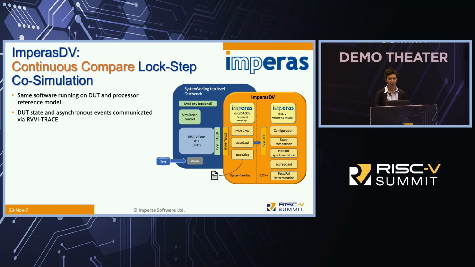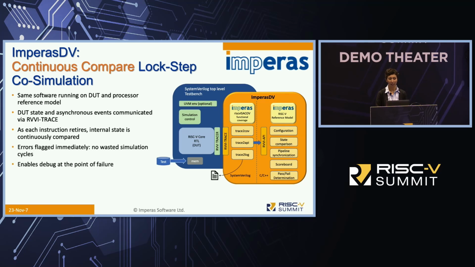As each instruction retires, the internal state of the two is continuously compared. Mismatches are reported immediately, meaning there are no wasted simulation cycles running past the point of the first error. This is in contrast to other methodologies like post-simulation trace compare or signature compare, where you have to wait until the program completes to find out if the test has passed or failed.